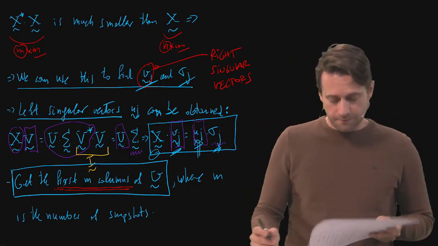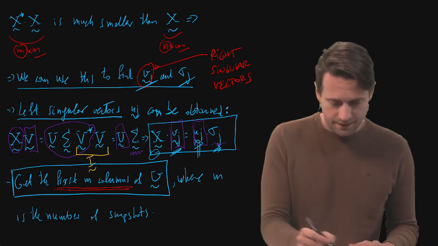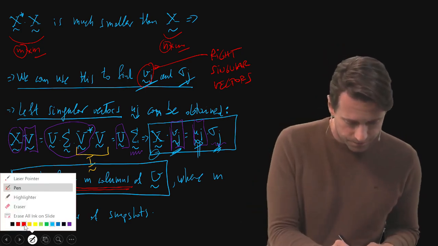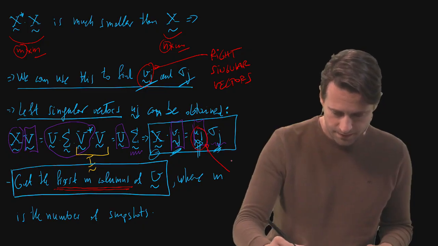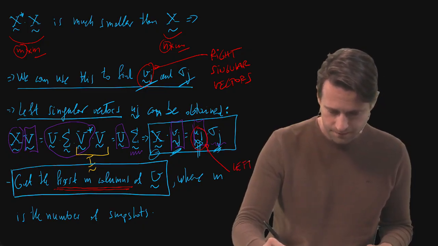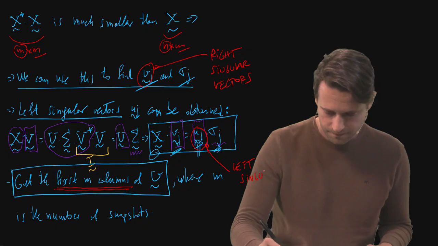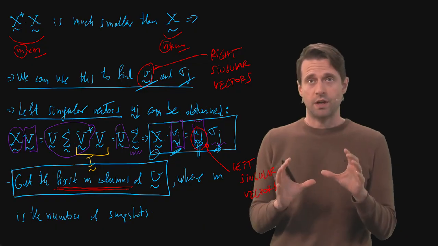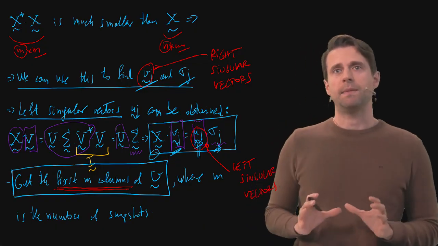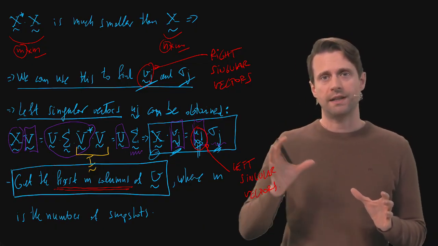Now, in fact, these values over here, these are the left singular vectors. The u_j, these ones, would be the left singular vectors. Good.